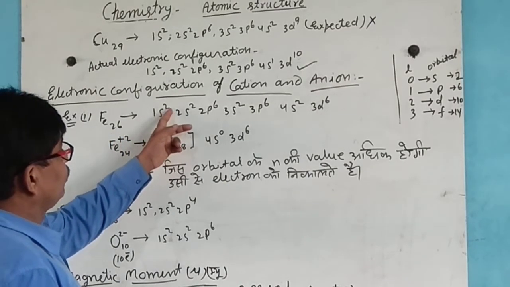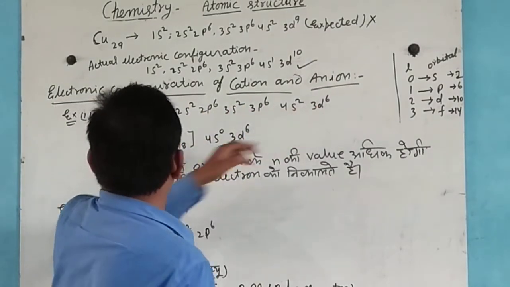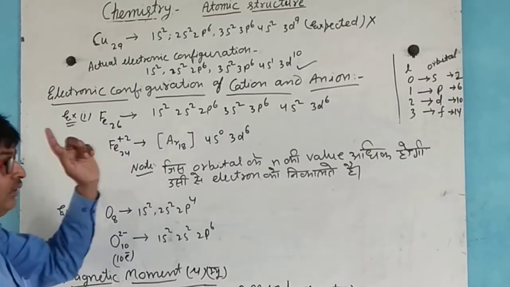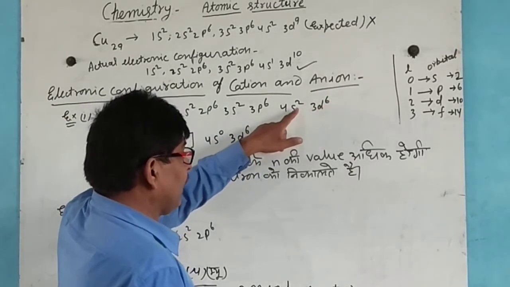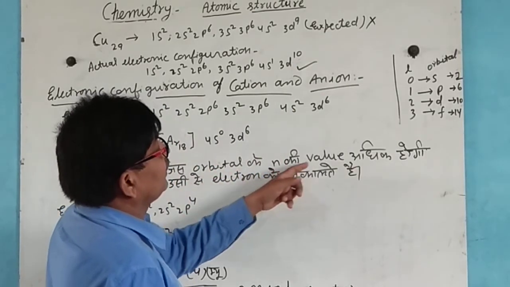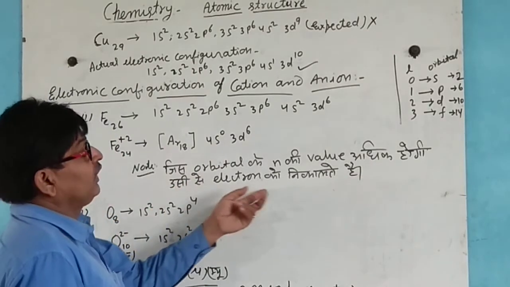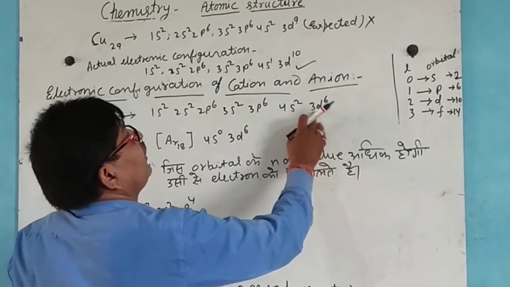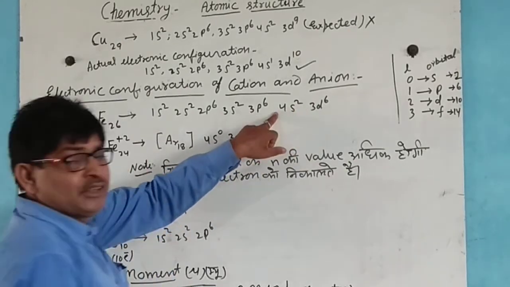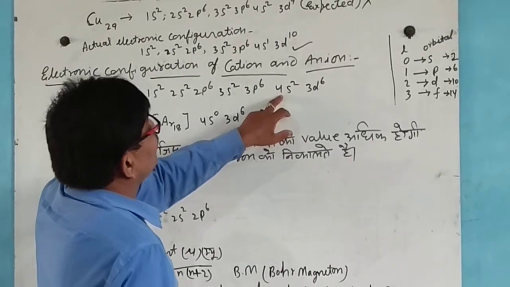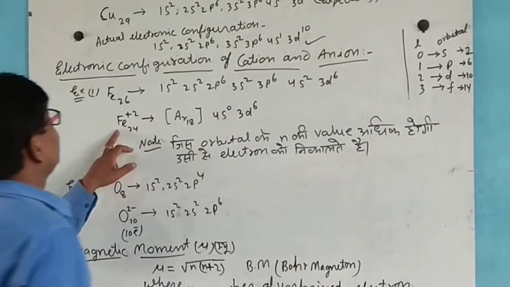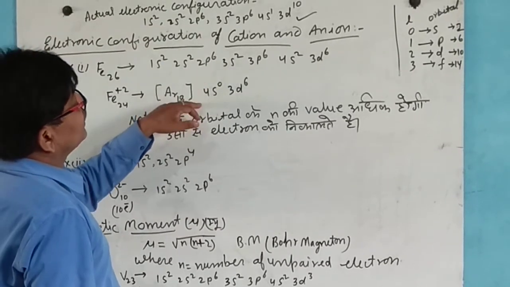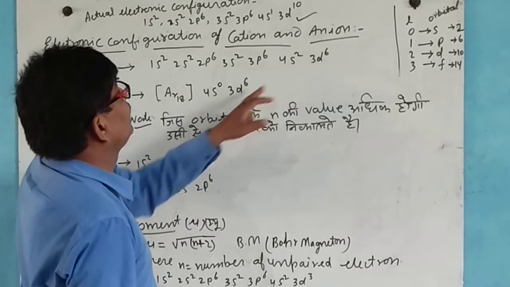This is argon, and 2 electrons are removed from the 4s orbital, because electrons are removed from the orbital whose value of n is higher. Here the value of n is 4, and here the value of n is 3, so 2 electrons are removed from 4s. So the Fe2+ electronic configuration will be 1s2, 2s2, 2p6, 3s2, 3p6, 4s0 and 3d6.